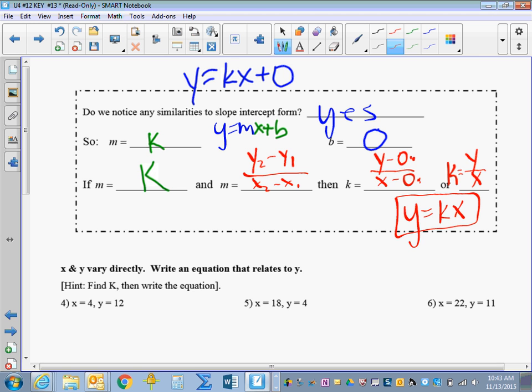Wait, so the y... before, you were all putting k equals, so how is it y equals k? So when I have k equals y over x, if I multiply by x on both sides, my x's cancel, so I have just y. And then x times k is the same thing as k times x. 2 times 3 is 3 times 2.